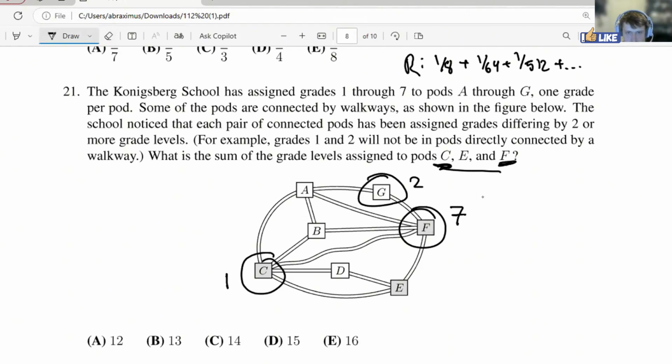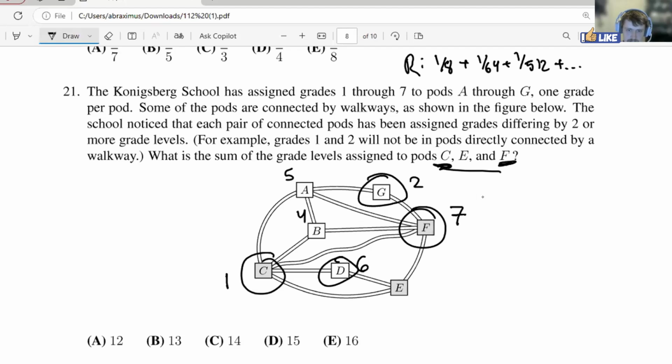So over here, this one has to be 6. And C, E, and F. So this is next to, this has to be different. This can't be 3. It can't be 6. So let's say this is 5.